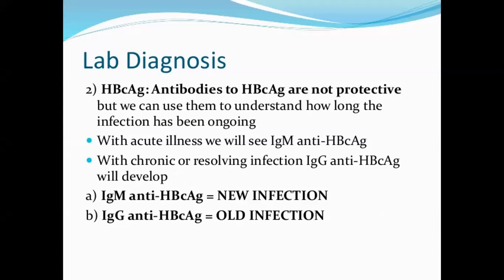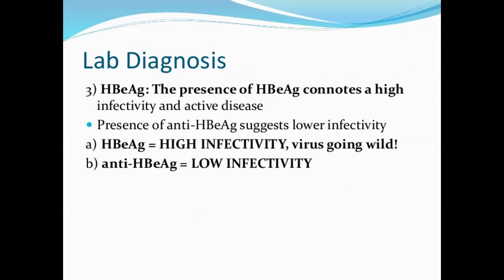So, what does it mean when immunoglobulin M anti-hepatitis B core antigen is present? It shows a new infection. And when immunoglobulin G anti-hepatitis B core antigen appears, it indicates an old infection.